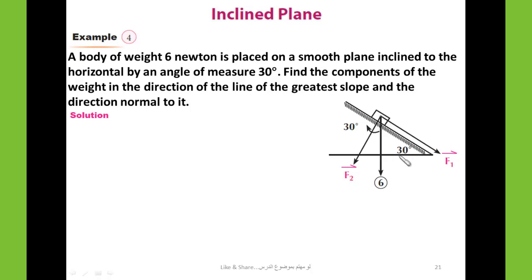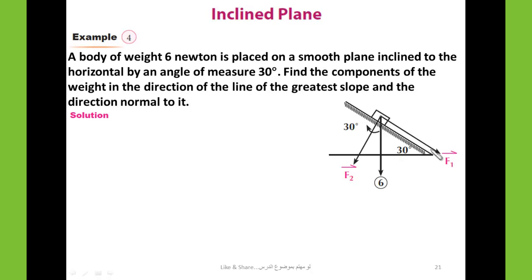Now, the measure of this angle is 30. What is the measure of this angle between vertical and horizontal? It is 90. So the measure of this angle is 60, because 60 plus 30 plus 90 equals 180.